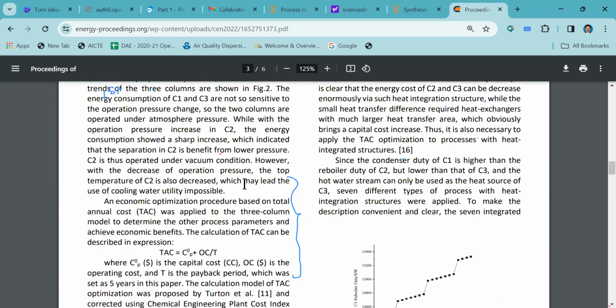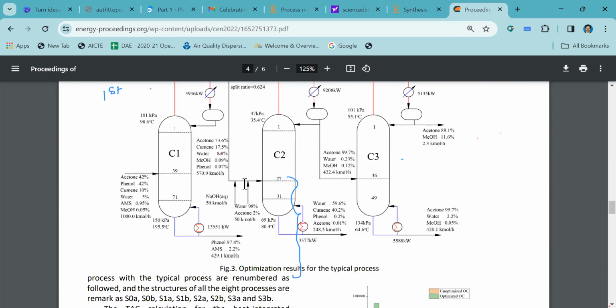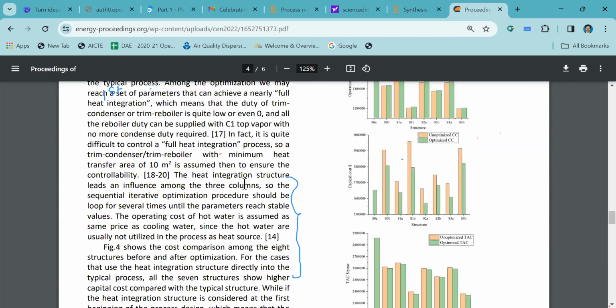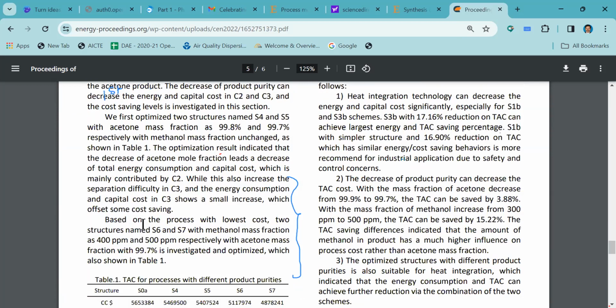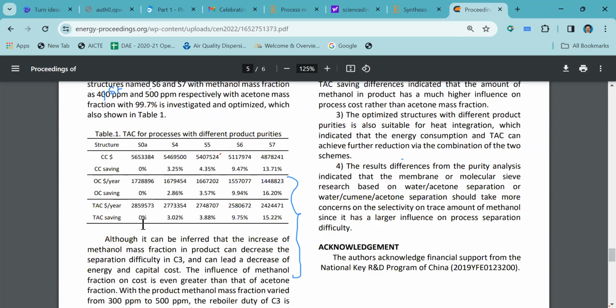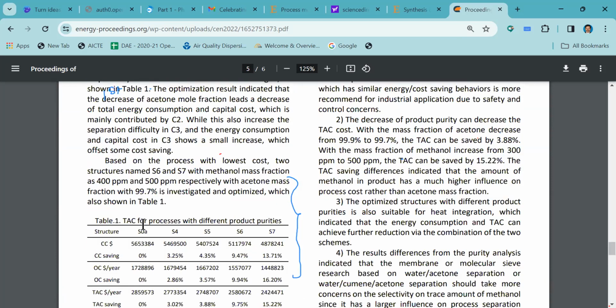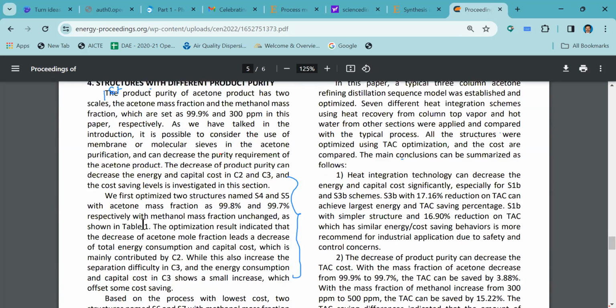Under heat integration improvement, if you go down, browse through the article again. The heat integration is discussed in one particular section, and the fourth one is structures with different product purity that has been produced, and the last one, the fifth, of course, we have seen as the conclusion.